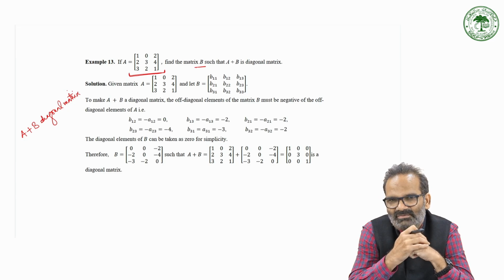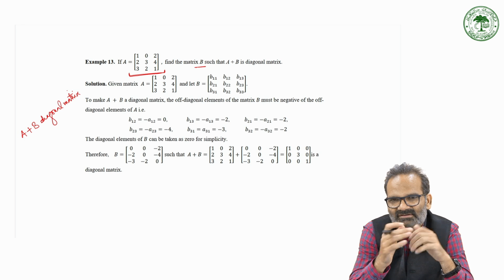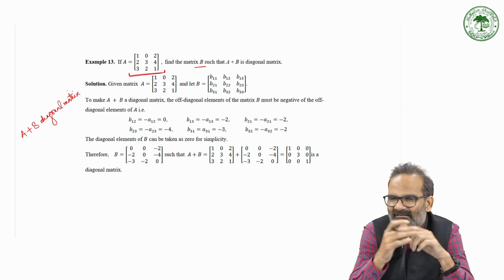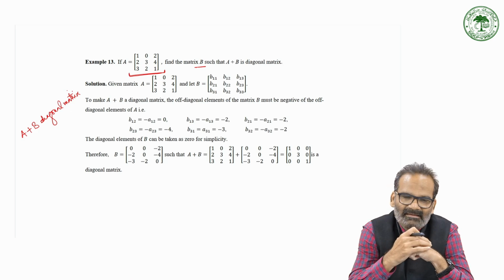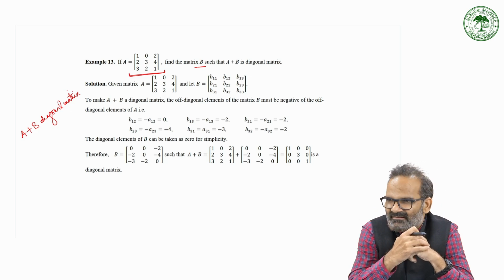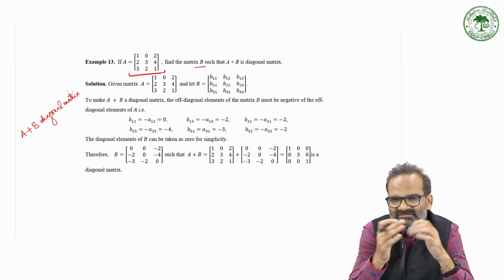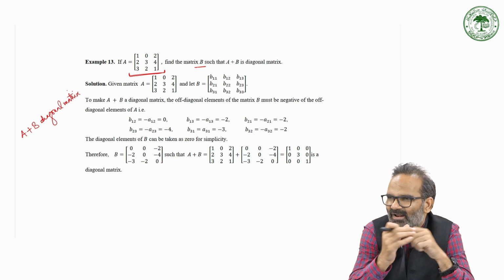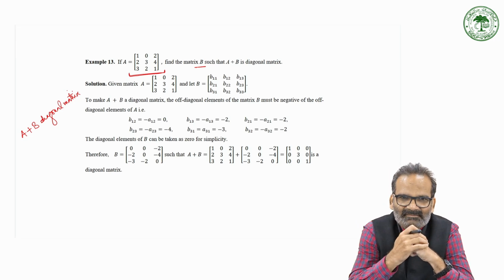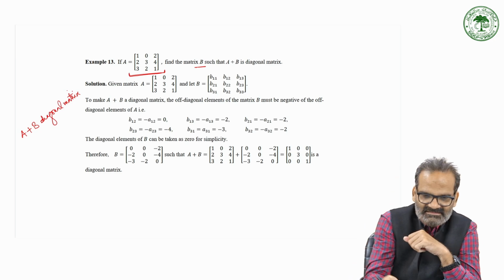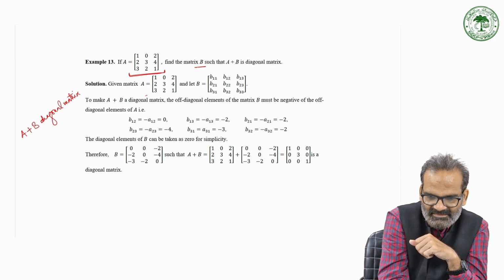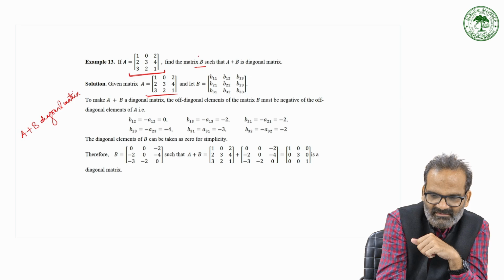I will try to find the solution of this question not by any standard method, but only by my intuition, so that the calculations may be as small as we can. Let us see. So what is given? We have been given the matrix this. We want to calculate the matrix B.